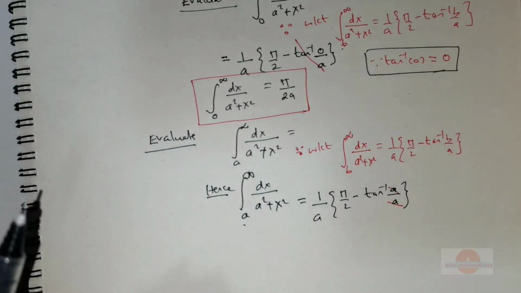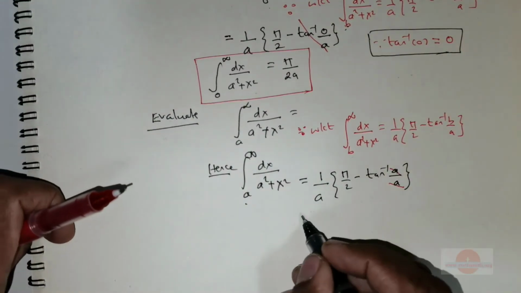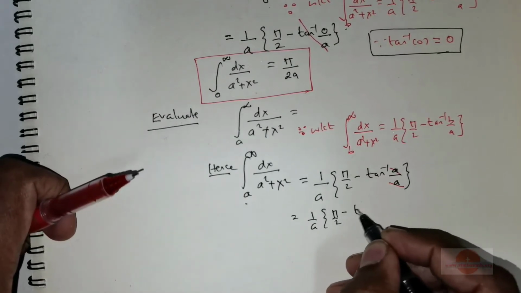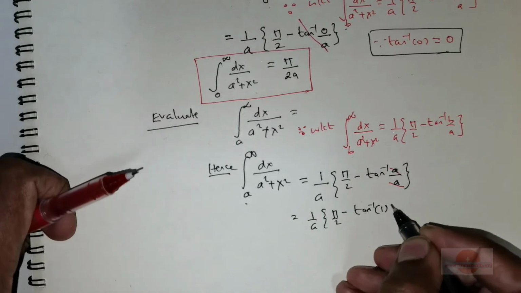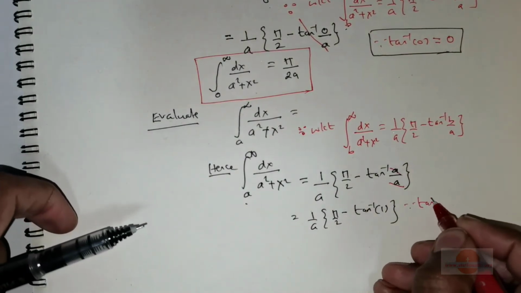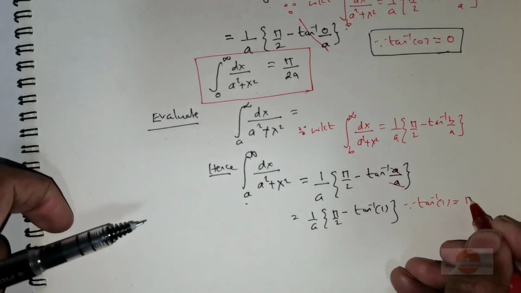So a and a are going to get cancelled, so that would give you 1 over a times pi over 2 minus tan inverse of 1. Now we know that tan inverse of 1 is pi over 4.